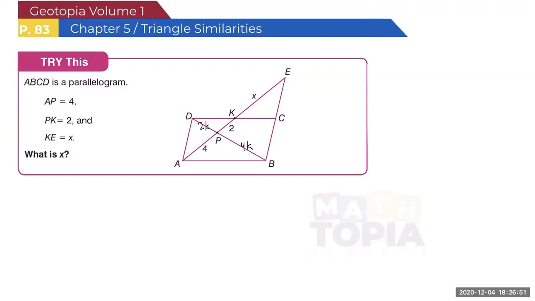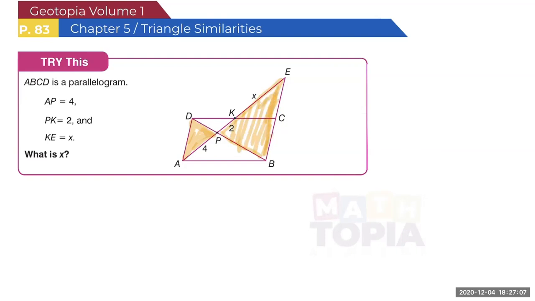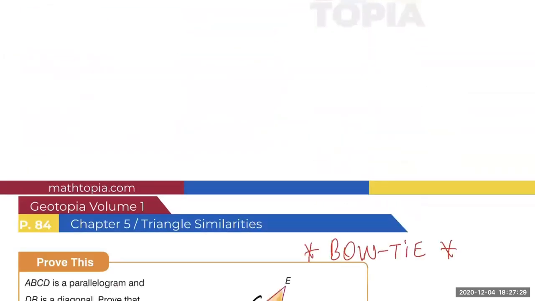And then we do similar triangles, which means that X would be equal to 6. Or if you can memorize the formula, we have that 4 squared is equal to 2 times 2 plus X. And solving it this way, we also get X is equal to 6. That is a good application of this formula. We got these both.